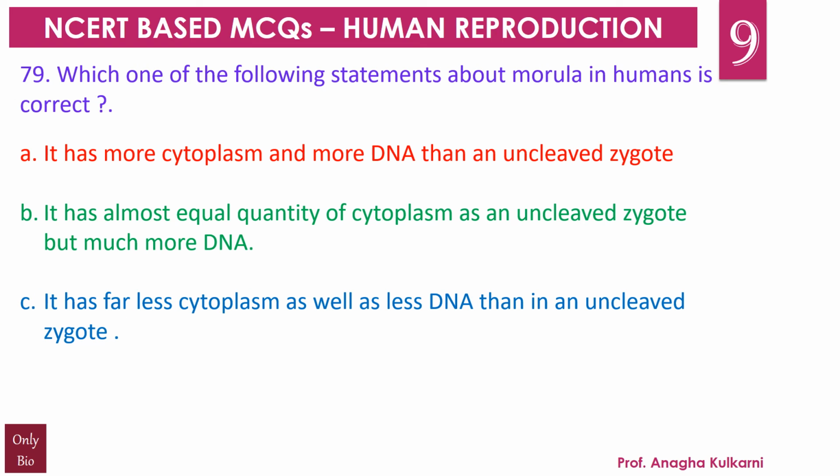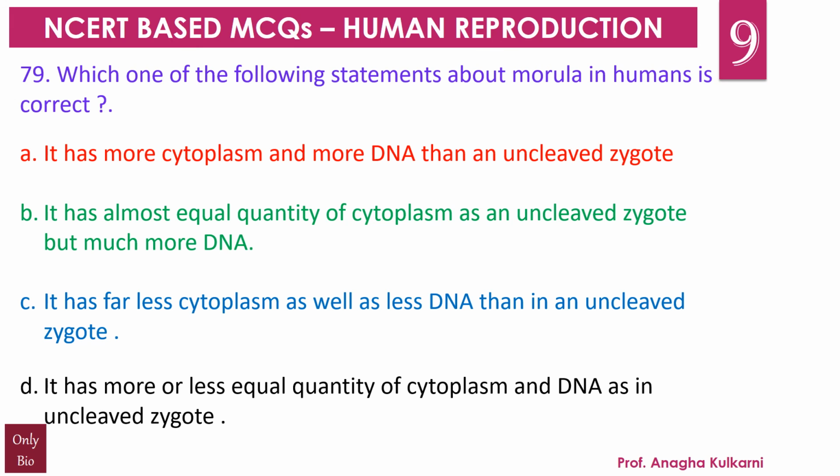C. It has far less cytoplasm as well as less DNA than in an uncleaved zygote. D. It has more or less equal quantity of cytoplasm and DNA as in uncleaved zygote. And the correct answer for this question is B. So, the morula in humans has almost equal quantity of cytoplasm as an uncleaved zygote but much more DNA. So please keep this in mind.